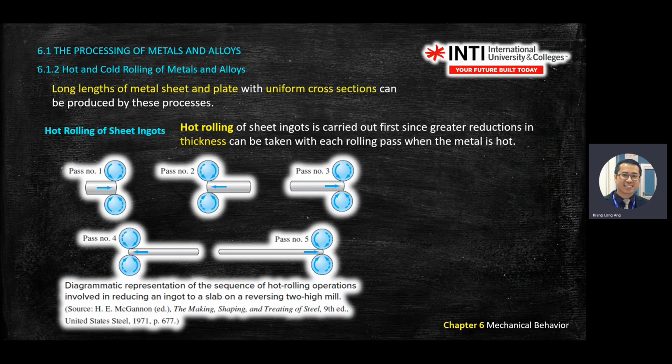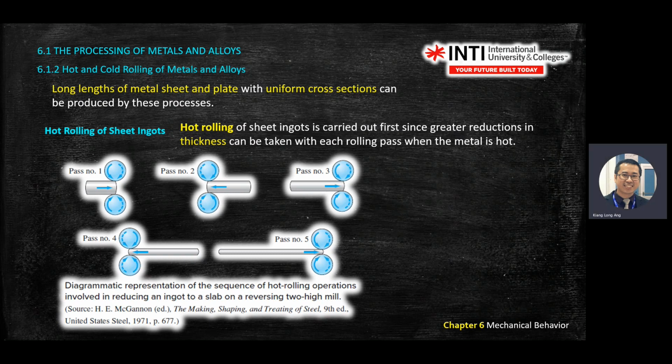So on the screen here is the process showing how the ingot becomes thinner and thinner. In process one, you have a roller with a gap, maybe gap 1. So you go through here, you press the metals a little bit.